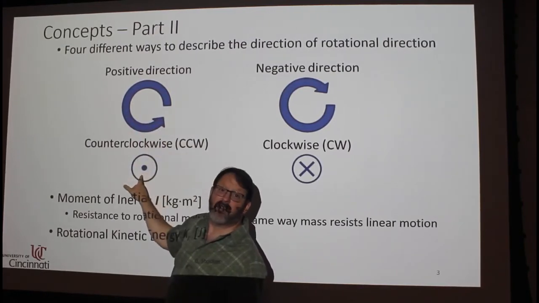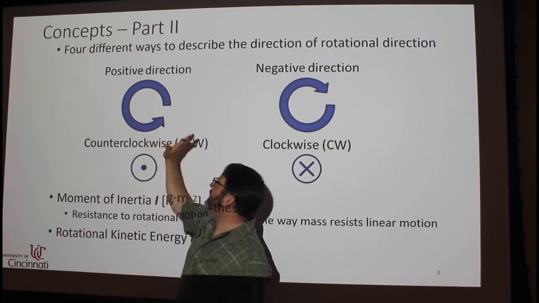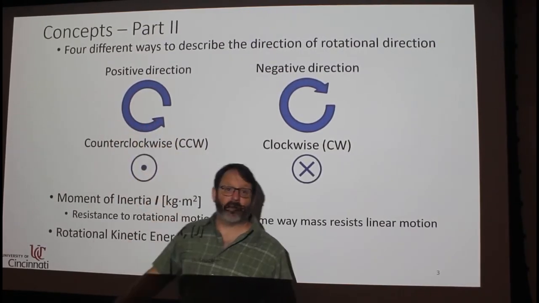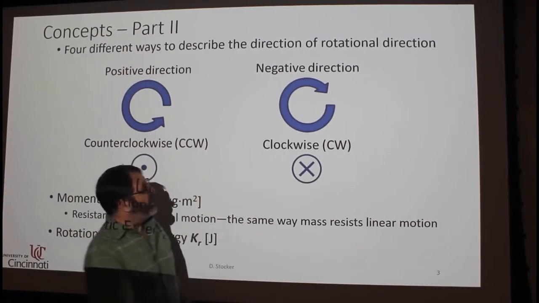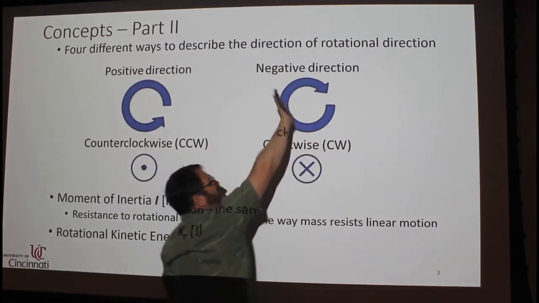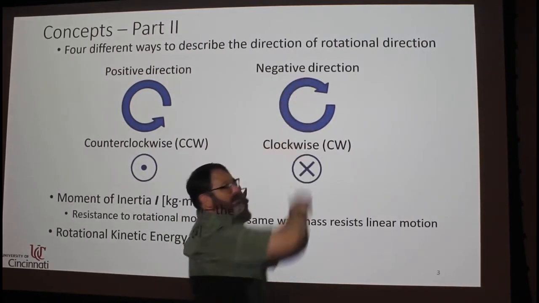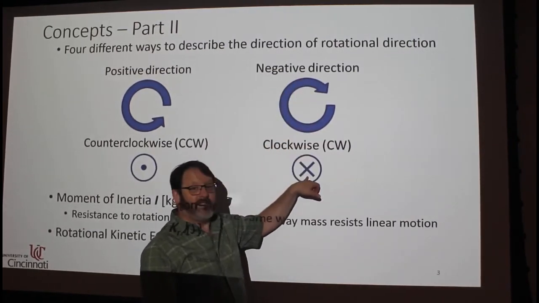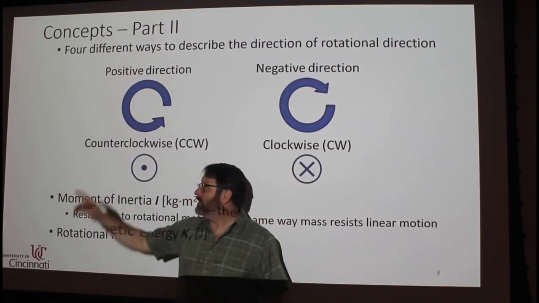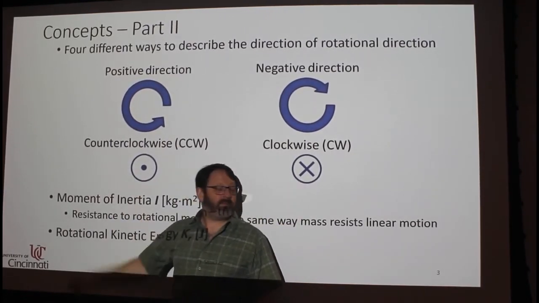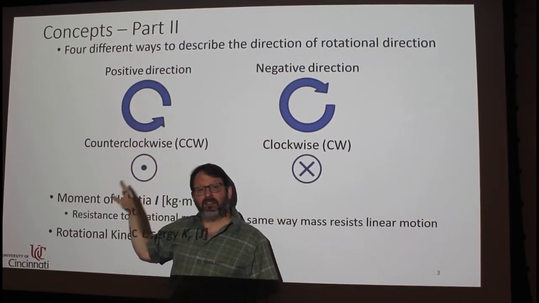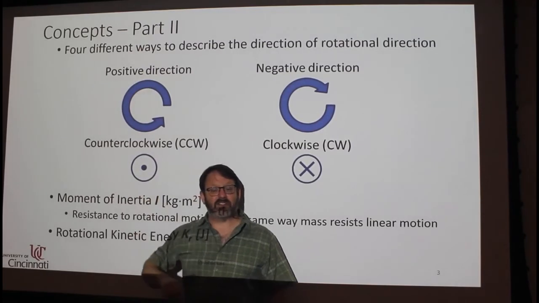So this direction, my thumb points out of the board. This one, if I point my thumb into the board, my fingers curl that way. So an arrow pointing in, you could call it into the board, and this one out of the board. So these are now 4 different ways that you can describe the direction of rotational motion.